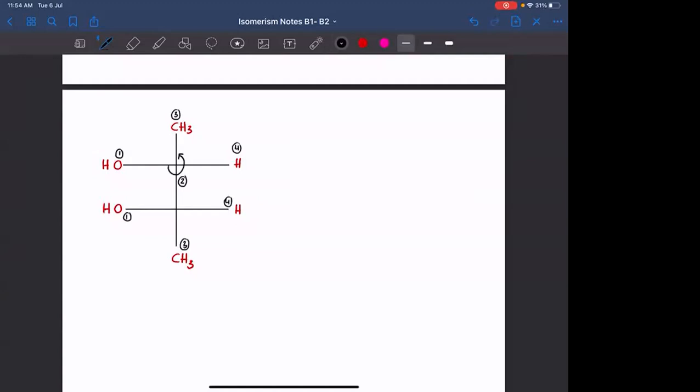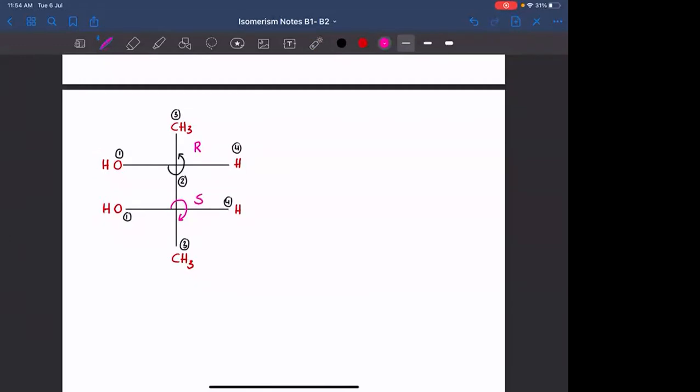We expect that to be S. But the lowest priority is present on the horizontal line, so what will happen? It will be R. Here you are rotating 1, 2, 3 in the clockwise sense. We expect that to be R, but this will be S. Clear?